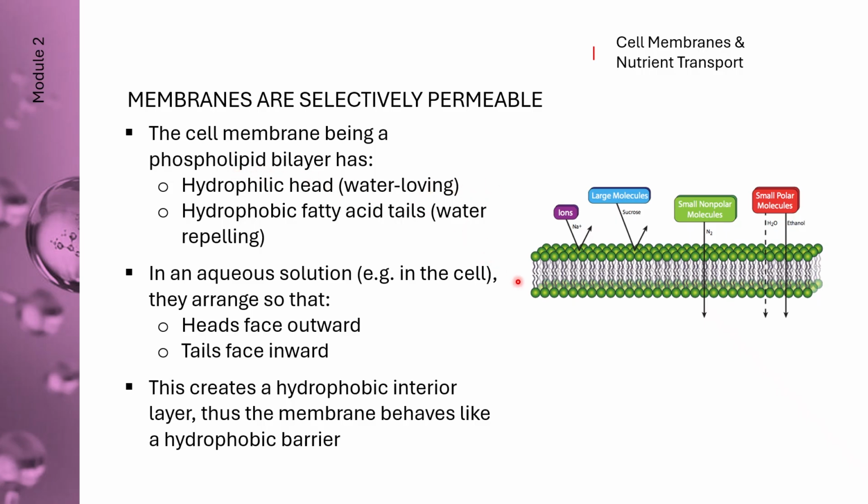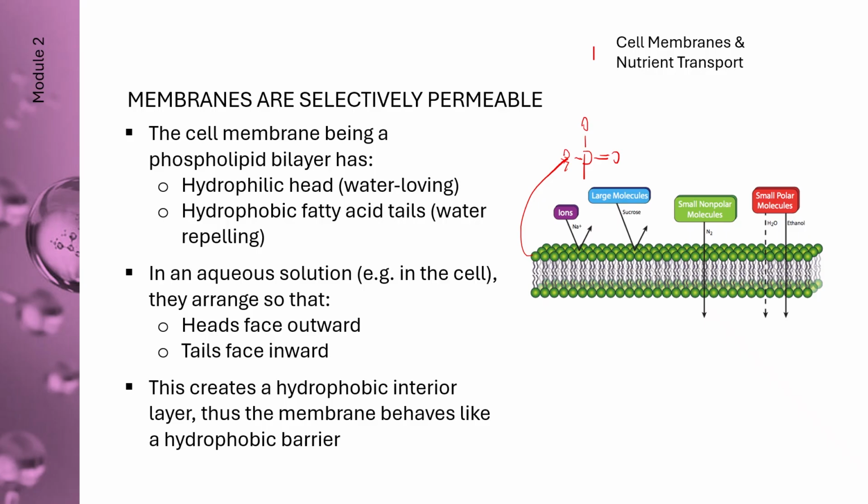And what is this hydrophilic head? The hydrophilic head is made up of the phosphate group. If you look at the head of the membrane, it's actually made up of phosphate, and it has phosphate bound with oxygen, and this is what makes up the hydrophilic head.